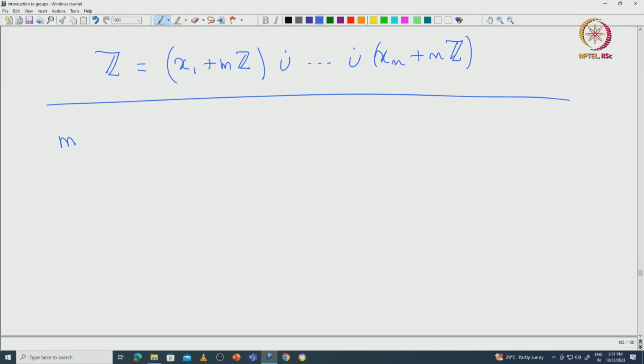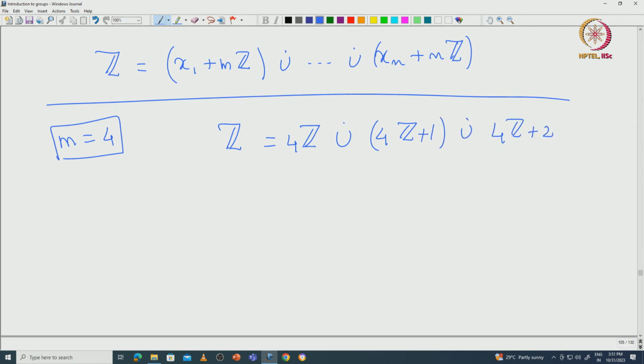Let us take m to be 4. Then it is clear that Z can be written as 4Z union 4Z plus 1 union 4Z plus 2 union 4Z plus 3.